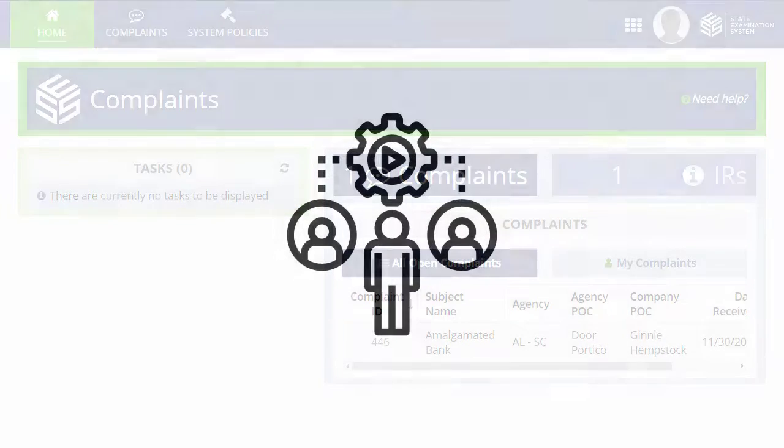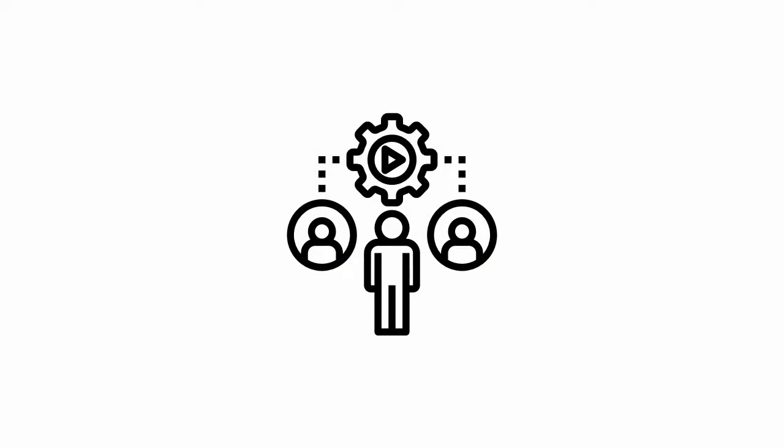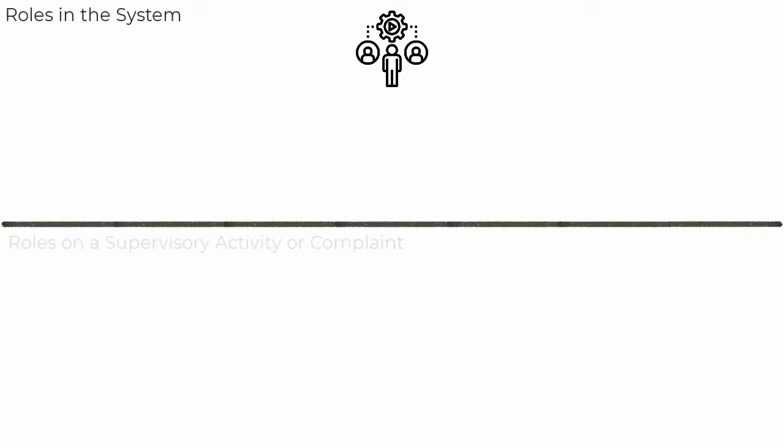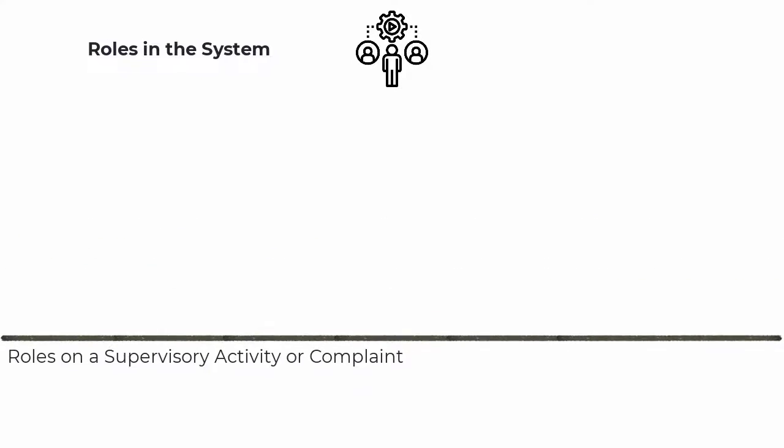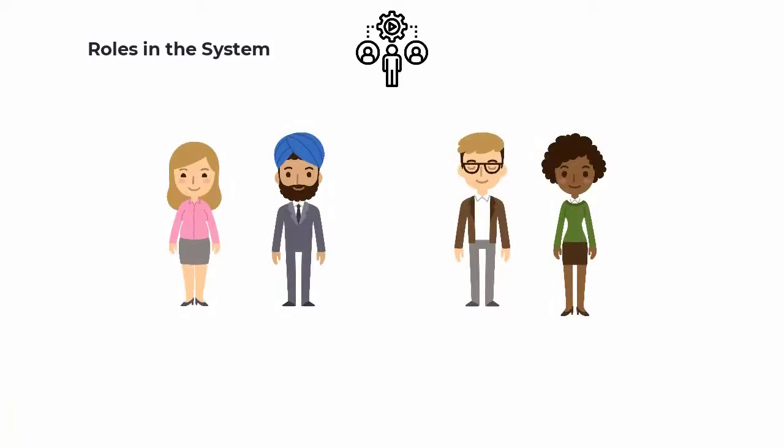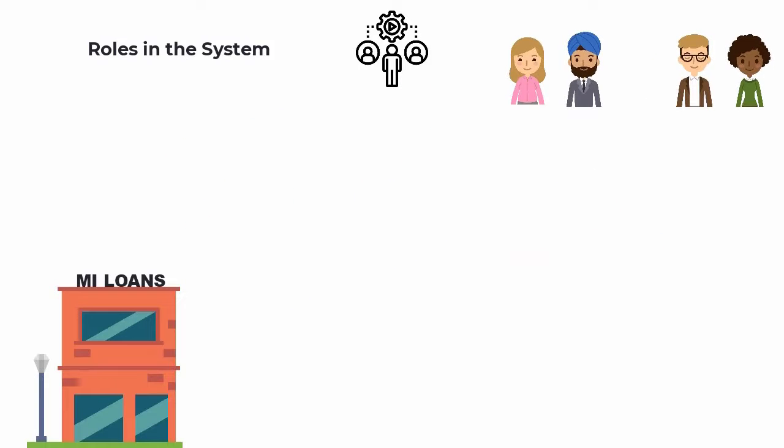Let's now discuss the roles. Roles can be further divided into 2 categories: roles in the system and roles on a supervisory activity or a complaint. Let's first look at the roles within the system. These 4 individuals work for the company My Loans. Sometimes, My Loans hires a lawyer when legal advice is necessary.